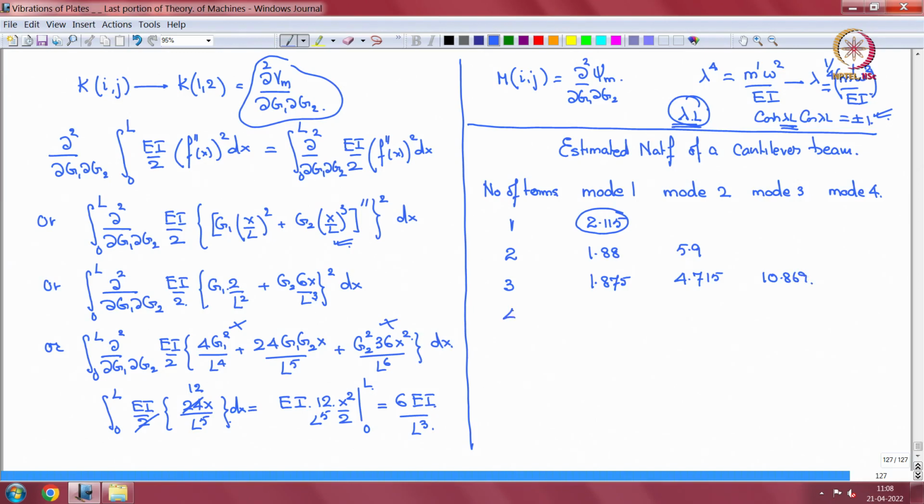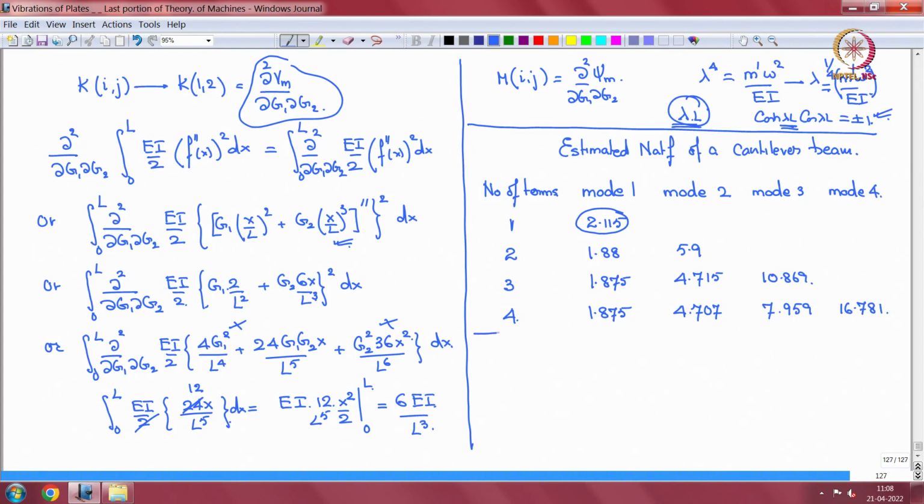If you use 4 terms, you have actually already converged by 3: 4.707, 7.959, and the fourth mode 16.781.